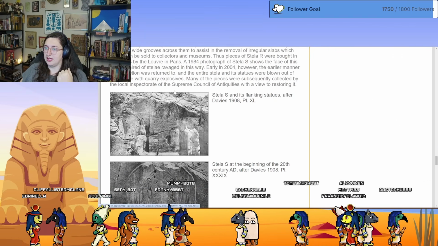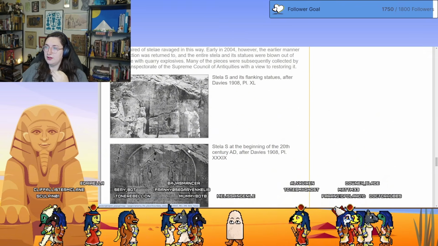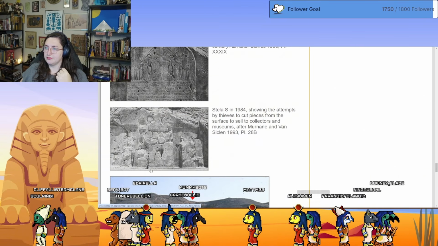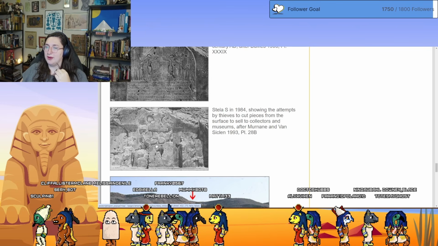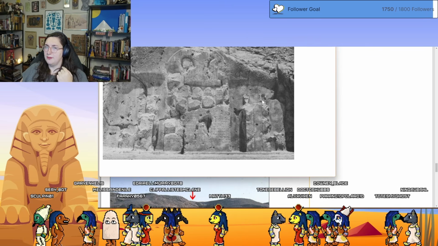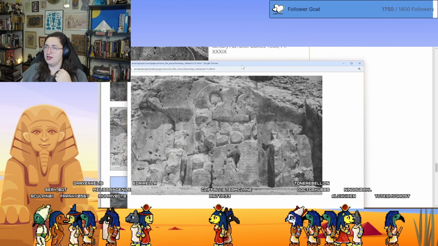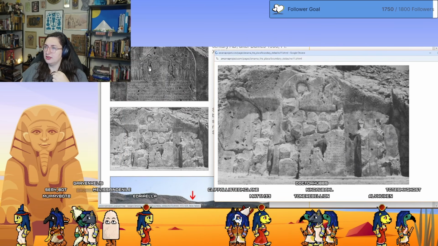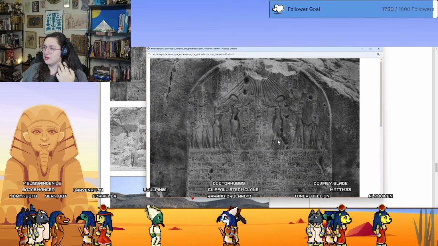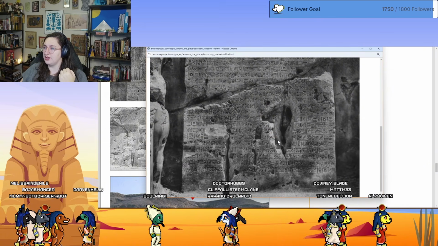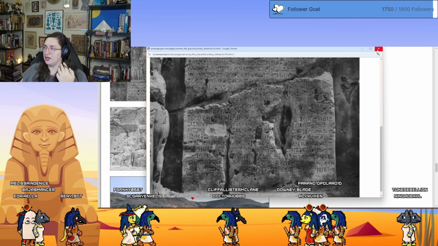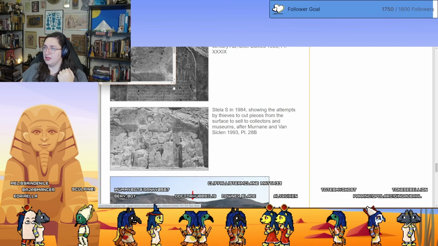So here's Stela S. Here's one of the best ones. Okay, oh my god, look at this. I'm not sure if you're going to be able to really see this picture, but this is Stela S in 1984. Wait, so this is what it looked like prior to 1984. Although you can still see, this is people trying to cut it. But then look at this.